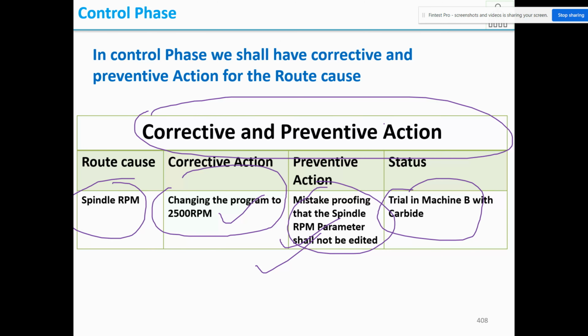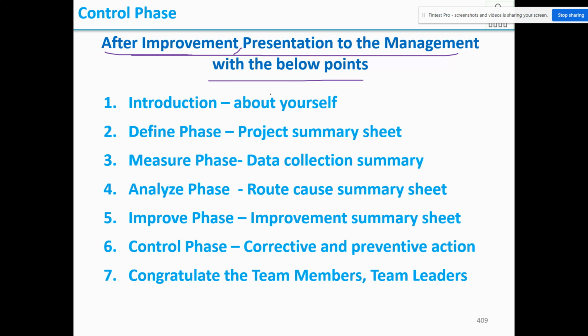And we'll update the document saying that only this is what they have to use in production, in the control phase. After improvement, presentation to the management with the below points. First introduce yourself, then show the define phase project summary sheet, the measure phase data collection summary, the analyze phase root cause summary sheet with the images, and the improve phase improvement summary sheet.